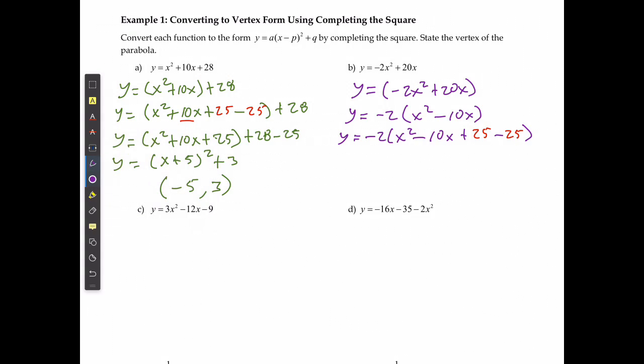I'm going to move the -25 to the outside, and remembering that I have this -2 a value here, I need to be careful that I multiply that when I move it out. So y is equal to -2 bracket x squared minus 10x plus 25, and then on the outside plus 50.